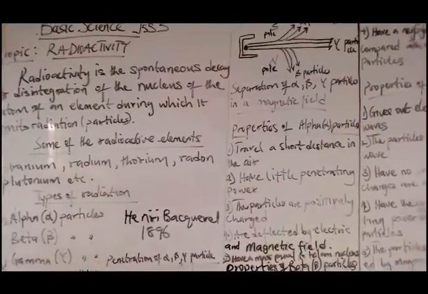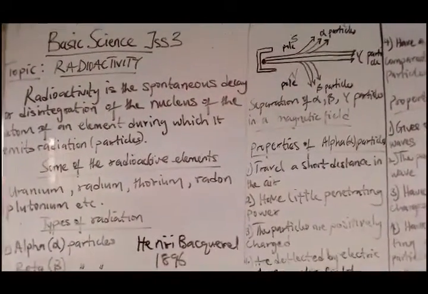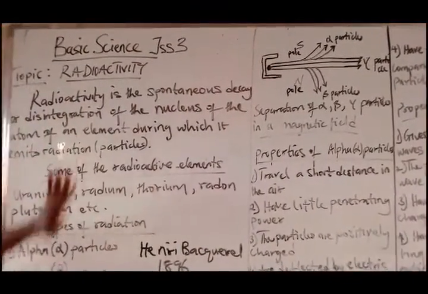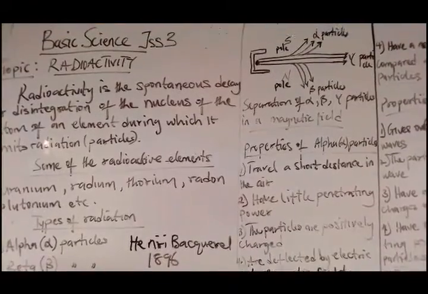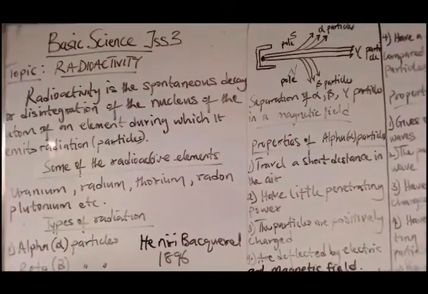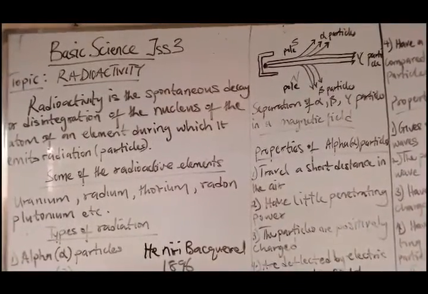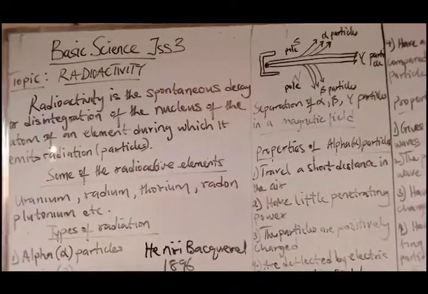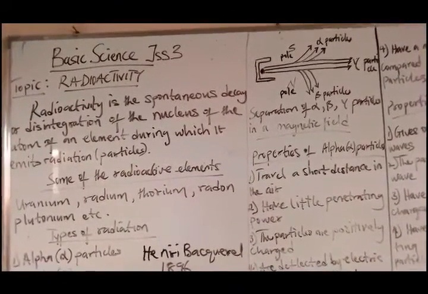So, this man discovered that some elements, when they are left on their own, begin to disintegrate. And he was able to find out that in the course of that disintegration, they emitted something that we call a particle or a ray that could affect another element.